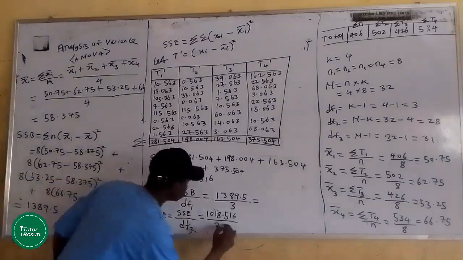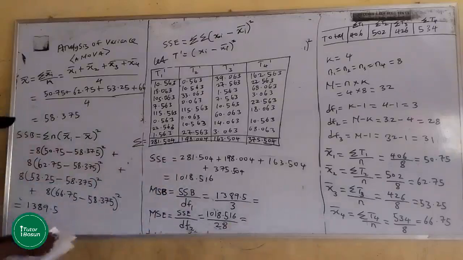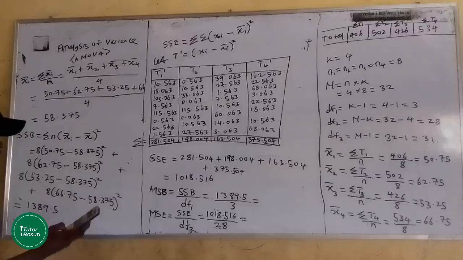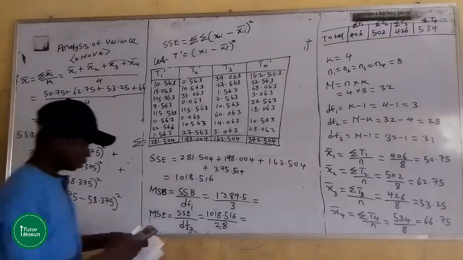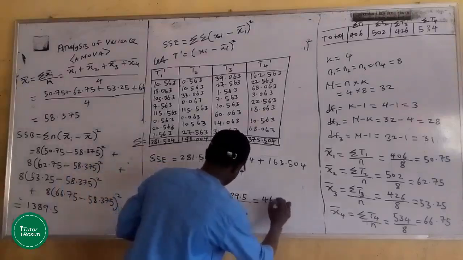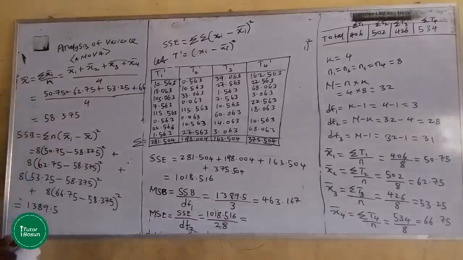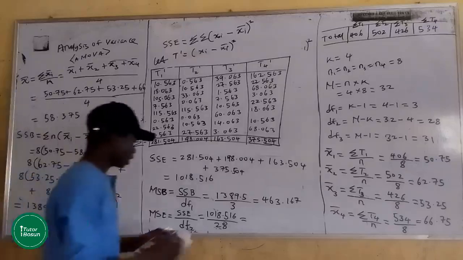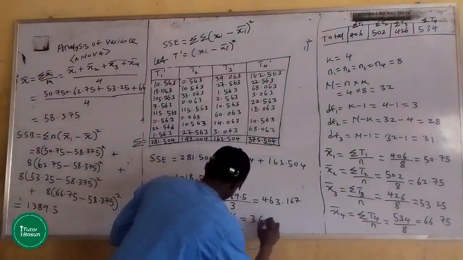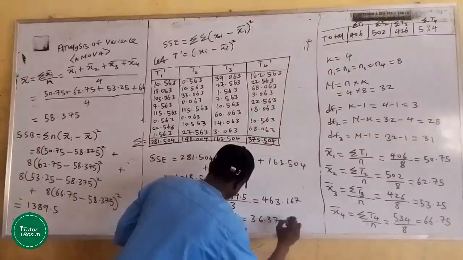Our DF2 is 28. So 1389.5 divided by 3 is 463.167, and our MSE is 1018.516 divided by 28. That's 36.376.